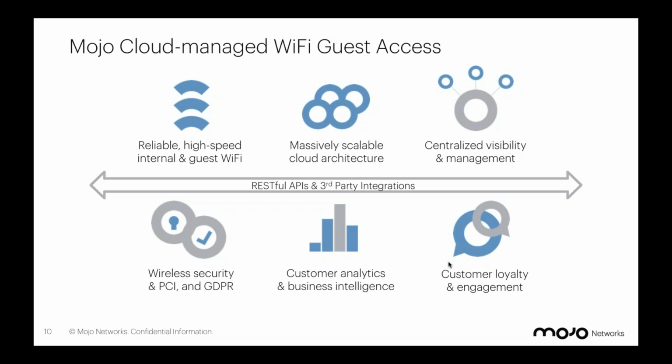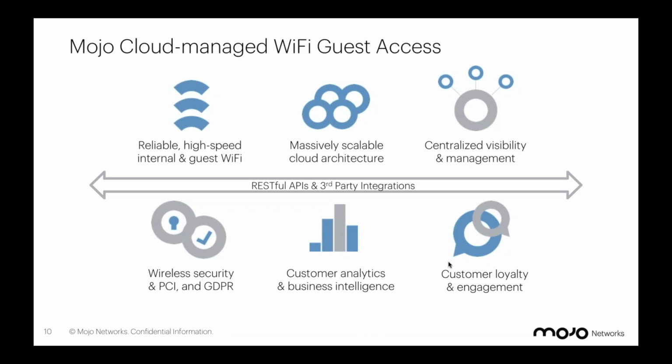It's massively scalable. We have one instance that's I think now 150,000 access points. So you can continue to add locations, add access points as you grow. If you're a retail fast food chain and you're expanding, you can just easily add those and grow because it's based in the cloud.